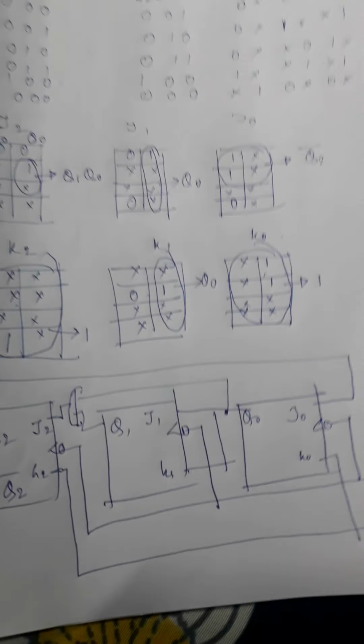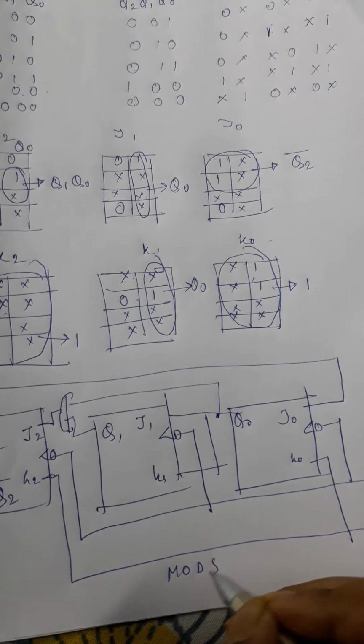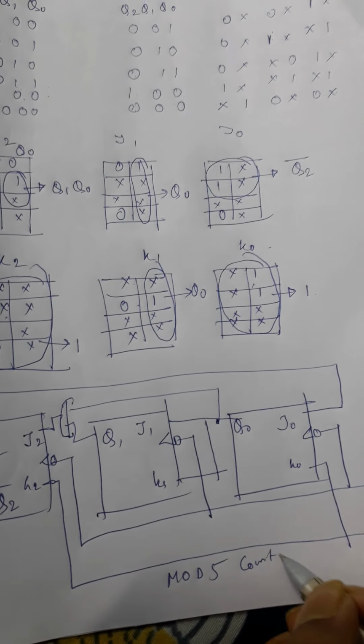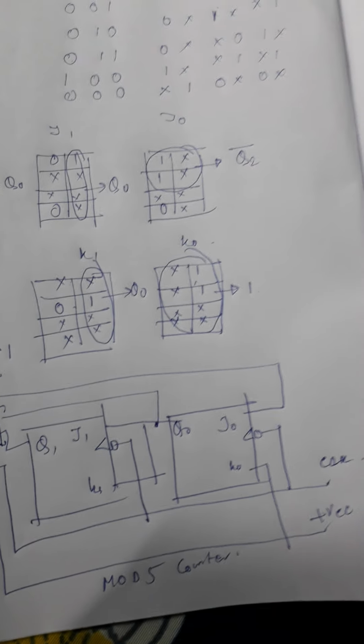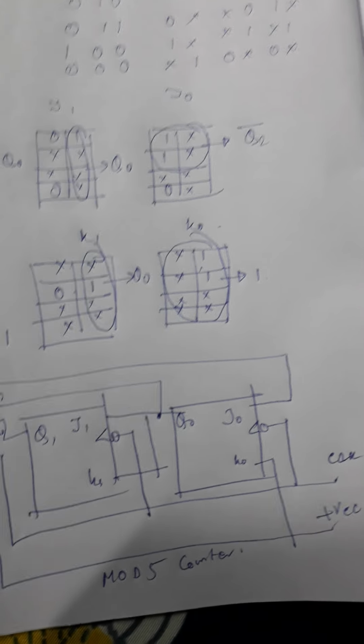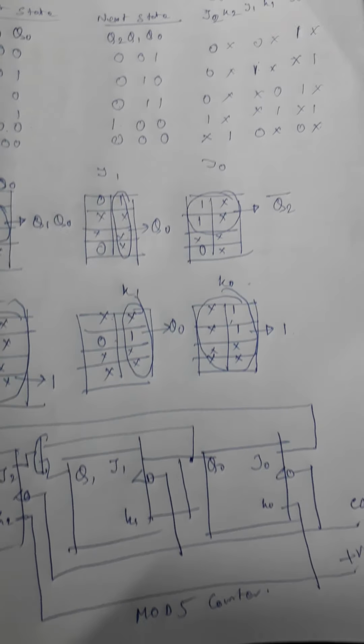This is the design of the mod 5 counter. So this becomes a mod 5 counter. Now how can we be sure that we have designed rightly or not? For that we should check for the lockout.